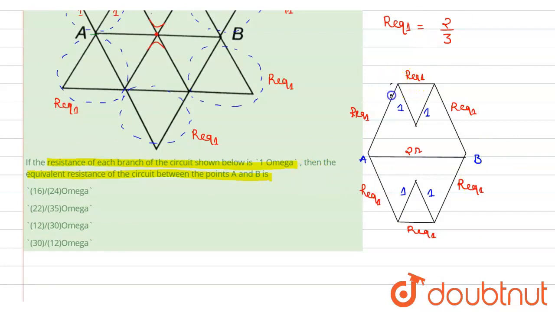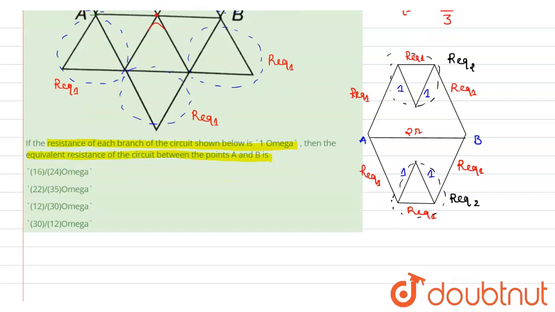We name this whole arrangement R equivalent 2, and this also will be R equivalent 2. So R equivalent 2 will be 2 and R equivalent 1, which is 2 by 3, into 2, divided by 2 plus 2 by 3.